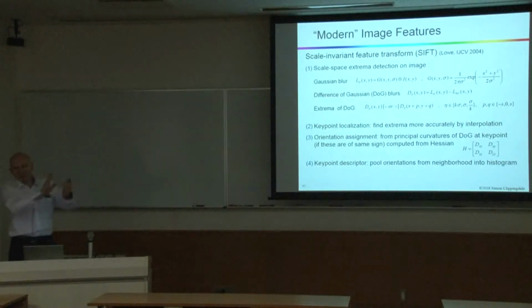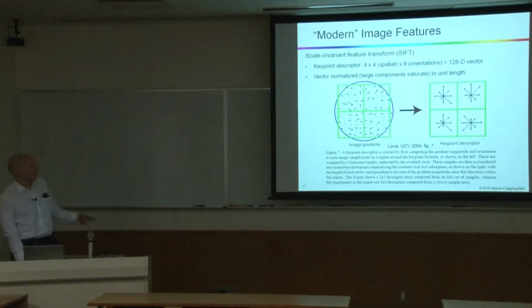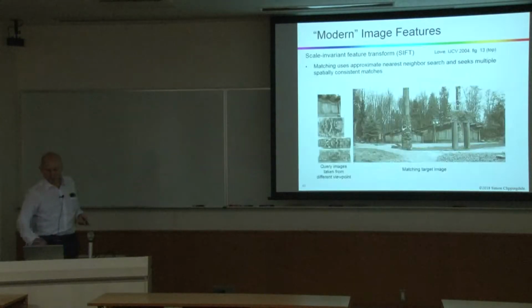You can rotate the image then to line up all these key points and so forth. And you end up with a fairly complicated descriptor at each point in an image. I won't go into the details. You can look them up if you want.